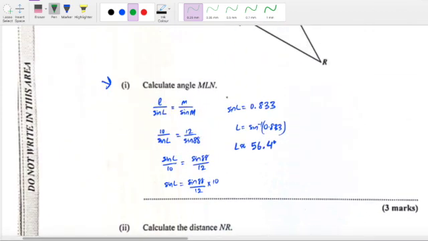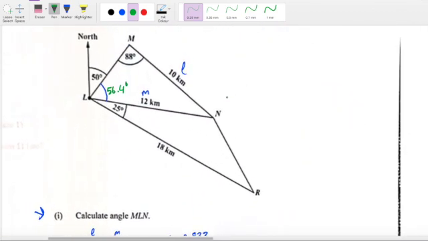Calculate the distance NR. So NR is here. This is the length that I want. I do have the opposite angle here. However, to use the cosine rule, actually, yeah, I can use the cosine rule, because the cosine rule is if you have an angle and the two sides on either side, right?